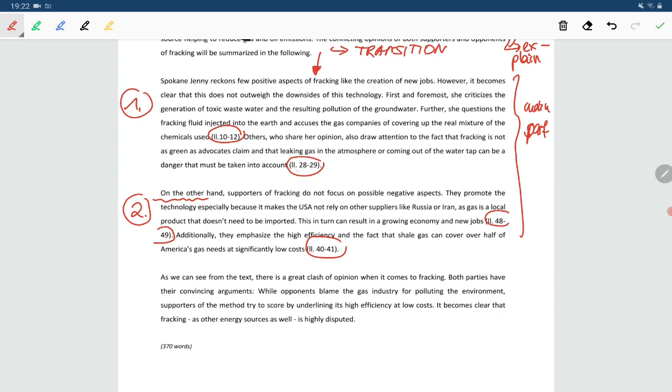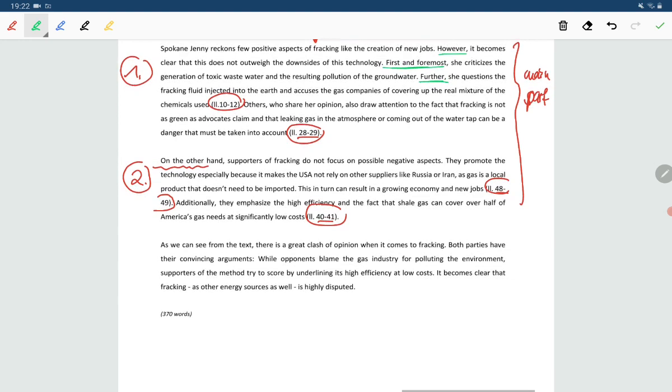However, you always give lines. You do not add any information, you take everything from the text and you give lines. And as you can see, there are also links. You use linkers, right? Something like that. So if you go through the text, you will find more linkers like that.